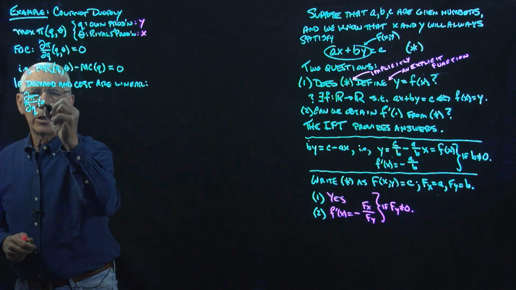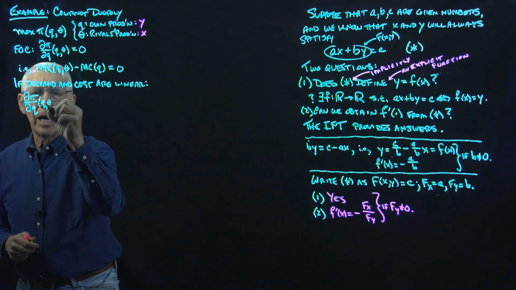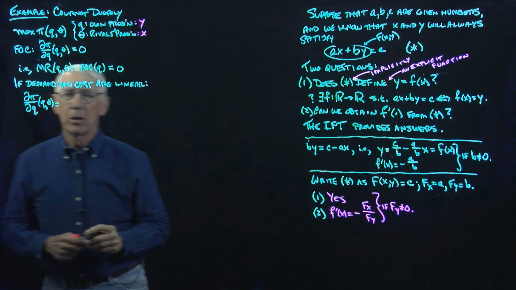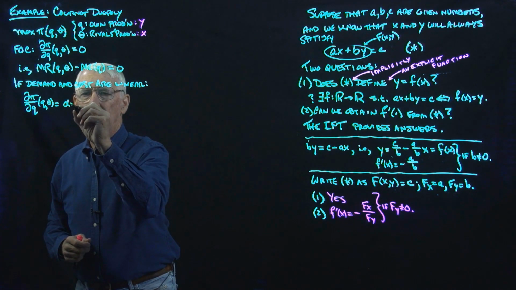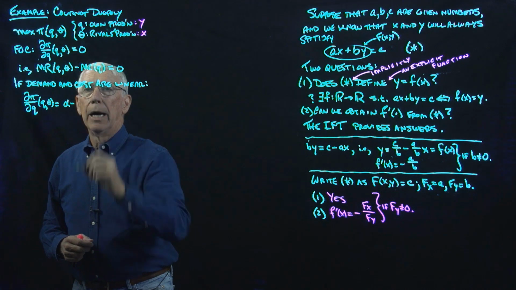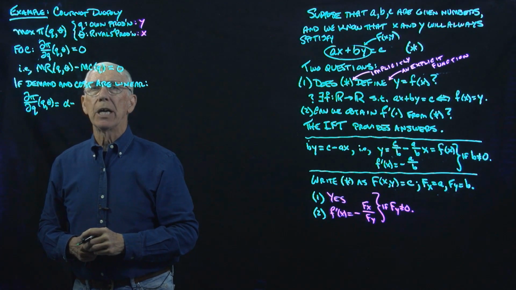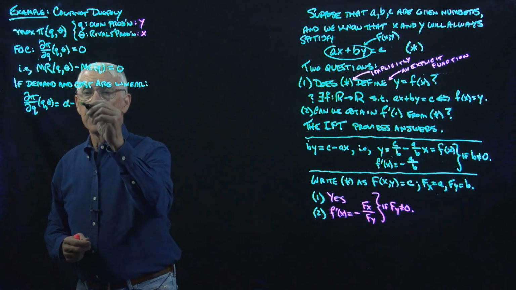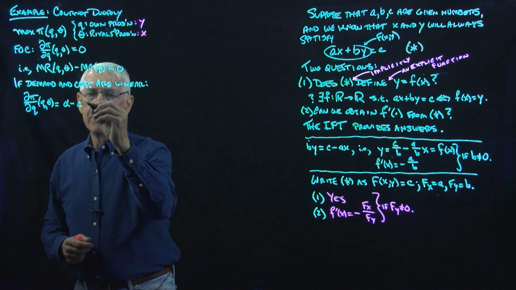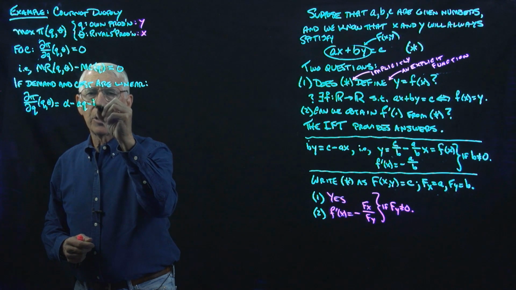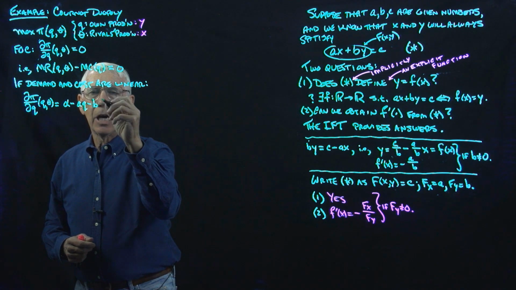I'll again write Q and theta to emphasize these depend on Q and theta. This is going to be a linear function. It's going to be some number alpha minus, let's say, some number A times Q minus some number B times theta.